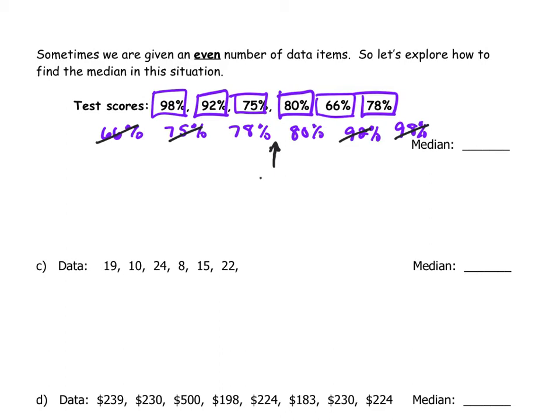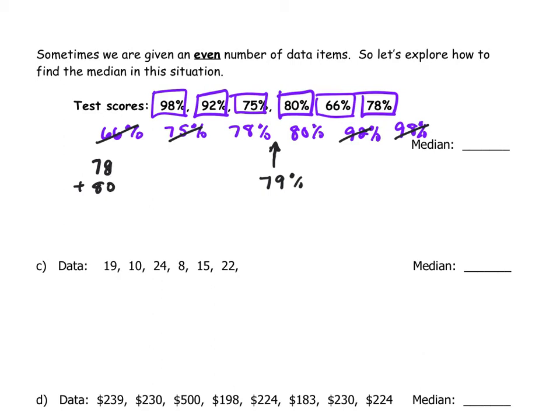So the number that's exactly in the middle of these 2 numbers is 79%, and that happens to be the median. However, sometimes we do not get numbers that it's easy to find the median just by looking at them. So in that case, we have to find the mean, our average of those 2 numbers.